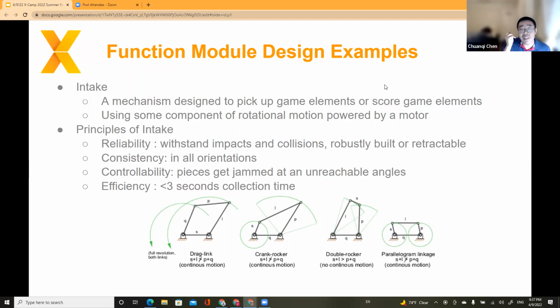So there's going to be force, impact, and collision with other robots. Sometimes in the competition, the opponent tries to block you and can damage your parts. So you need a very robust design. And sometimes you might want to design your intake to be retractable, so that when the opponent tries to destroy your parts, you can retract your intake so it doesn't get damaged. Right? So those are things the students should learn.